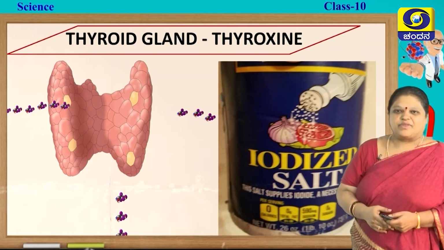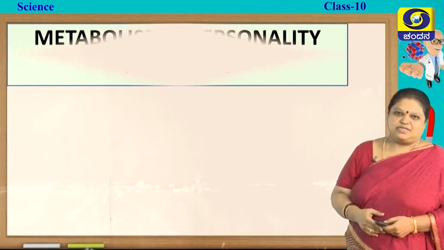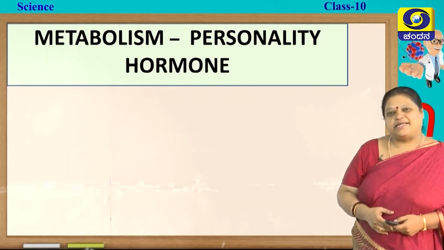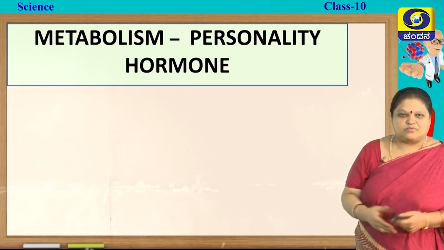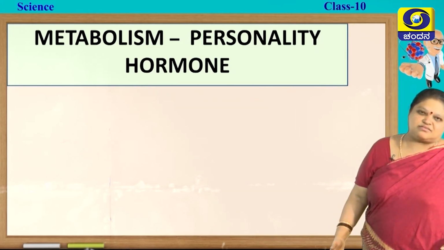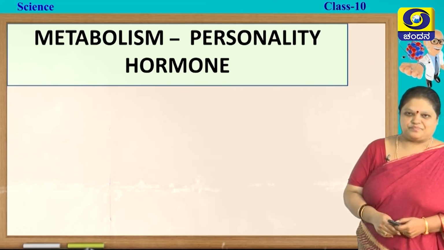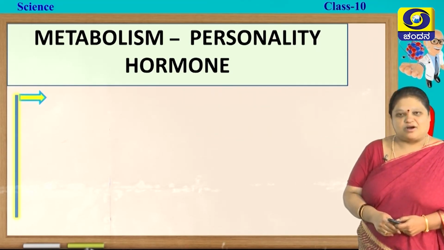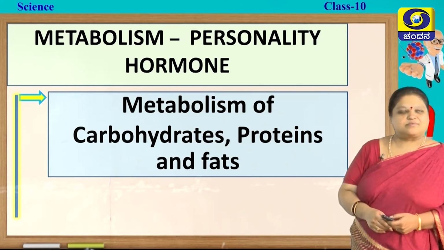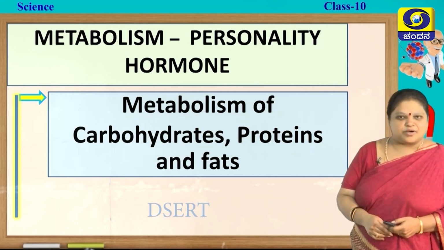Let us see what are the functions of this thyroid gland. See, this thyroid gland helps in metabolism. What is metabolism? The sum total of chemical reactions that are taking place in our body, you call it metabolism. Not only that, it also helps in the metabolism of carbohydrates, proteins and also fats in the body.